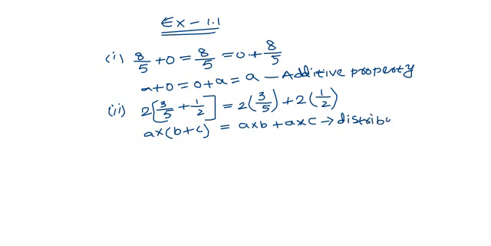Now for the third question: 3 by 7 into 1 is equal to 3 by 7, which is equal to 1 into 3 by 7. How does it look? a into 1 is equal to 1 into a, which is equal to a.